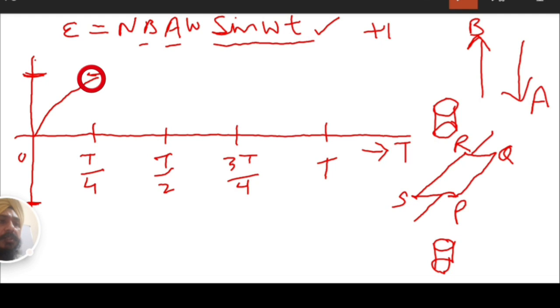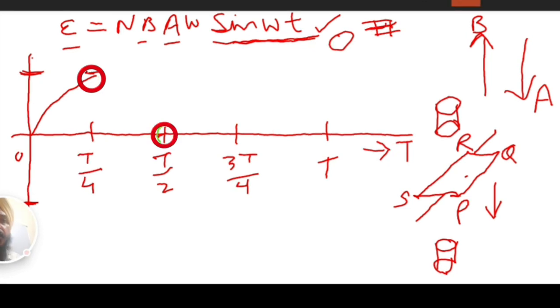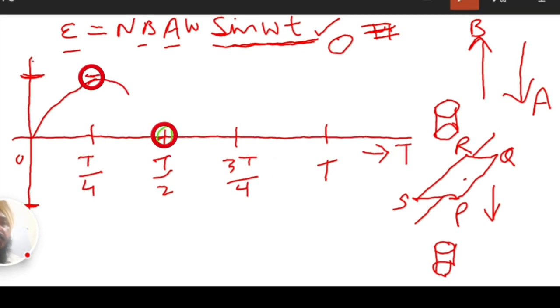So B is upwards, but the area vector is downwards. So they are making a 180-degree angle with each other. Therefore, sine 180 is again 0. So we will have no induced EMF. So we will be here at this point. So the graph will be like this.